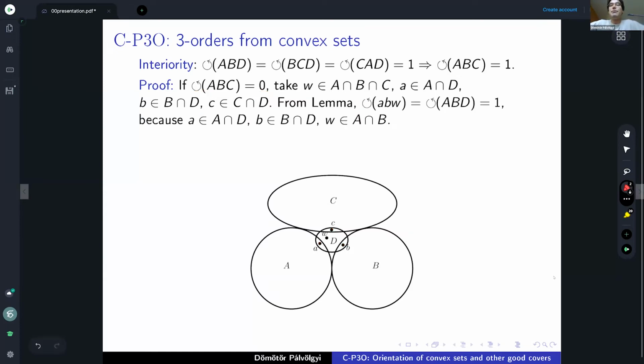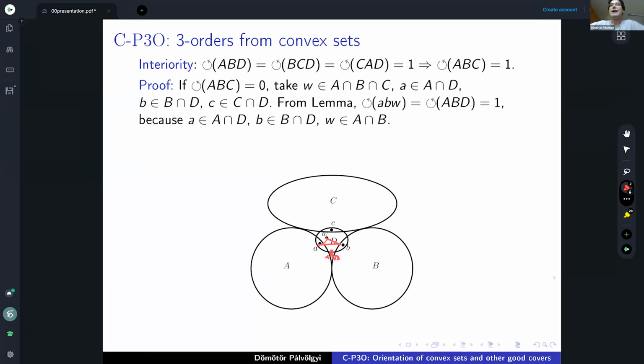Now I use that lemma, if you remember, that I said that the orientation of this ABW triangle has to be the same as the orientation of this ABD triple set, so the same as this. This was that lemma that I told you we'll use frequently.